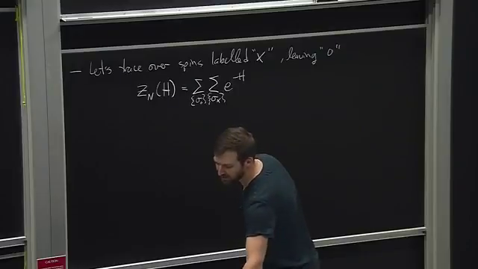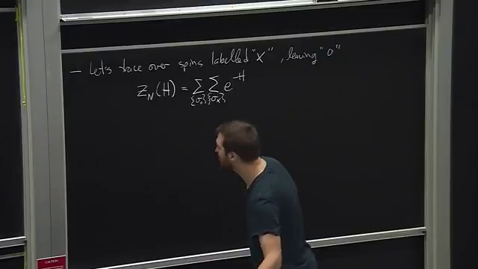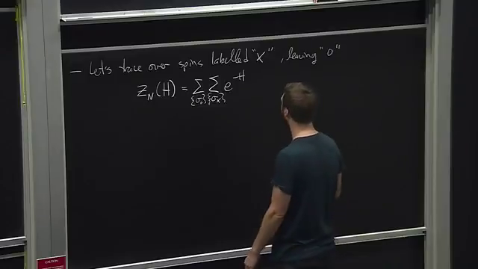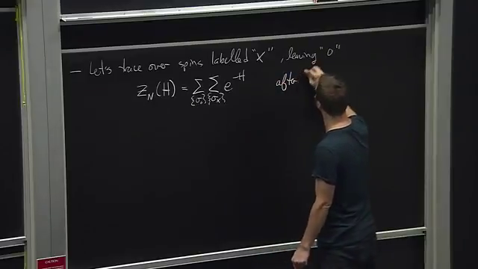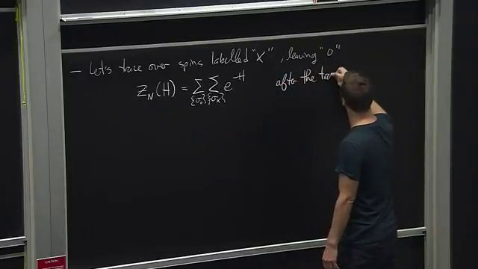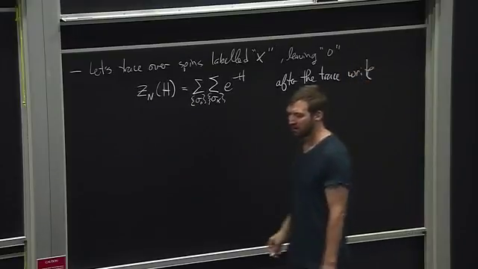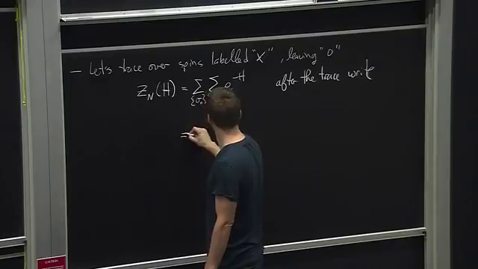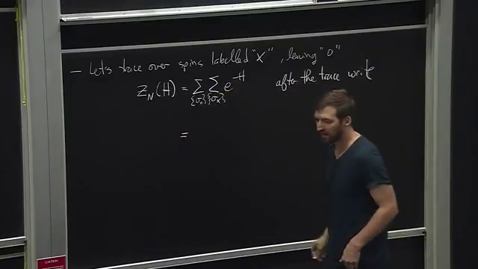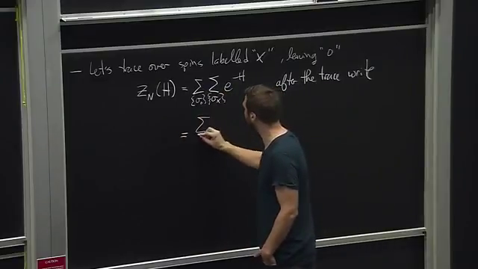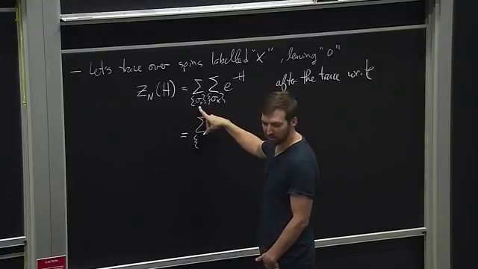And after that operation of tracing, I can just write this as the sum over sigma, what's left?